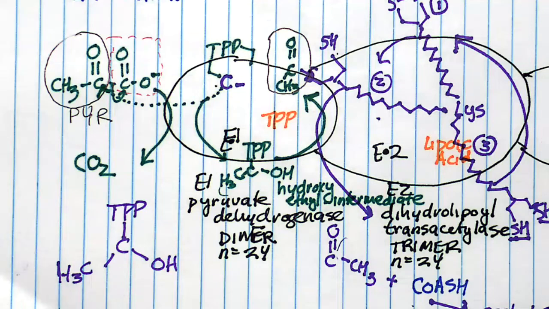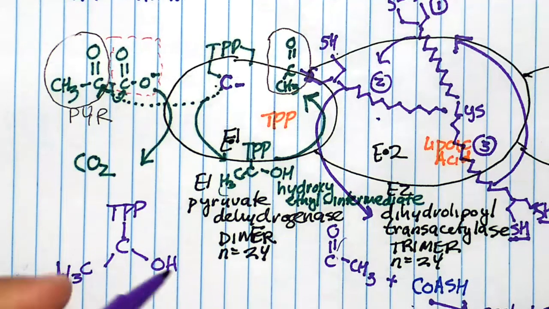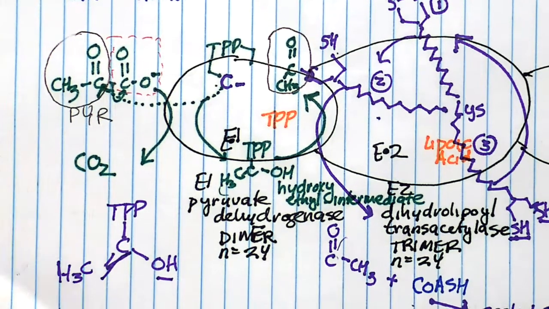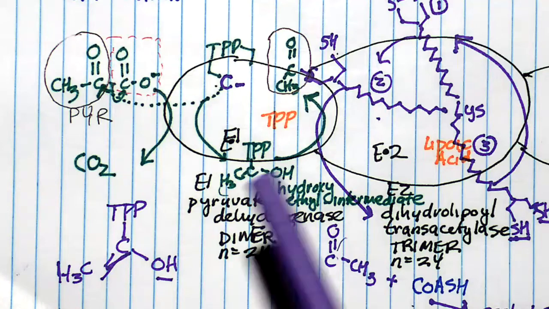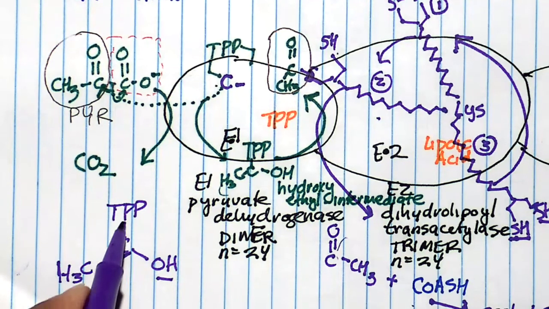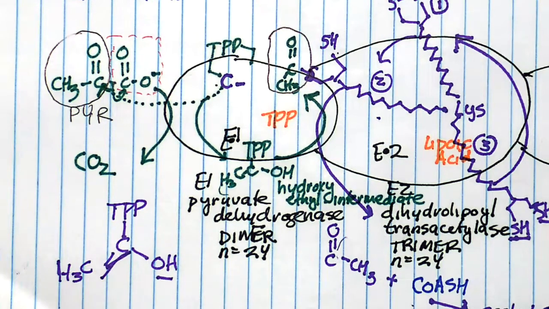If we study it, you'll realize that TPP kind of does the same thing. Here in pyruvate dehydrogenase, we have a hydroxyethyl intermediate. And in transketolases in the pentose phosphate pathway, we have a dihydroxyethyl or dihydroxymethyl intermediate. Again, it alludes to the fact that TPP is a transient carrier of 1 carbon or 2 carbon units.